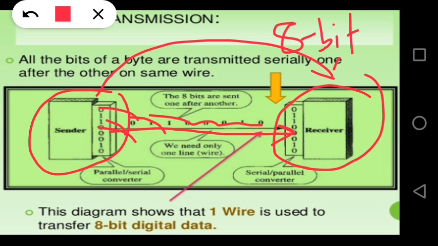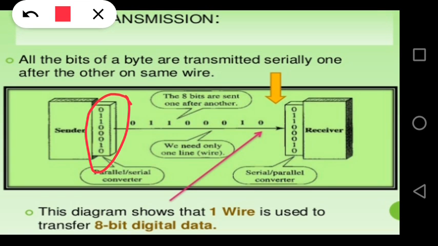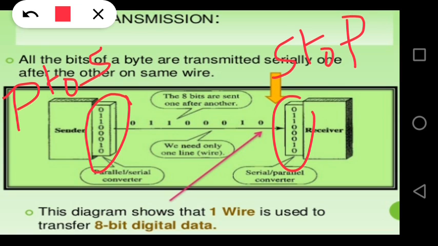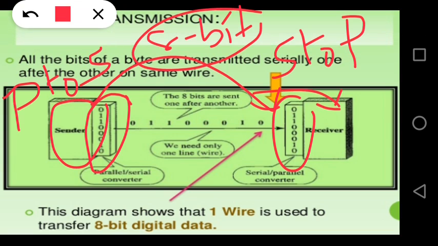But if you observe, there is a parallel to serial converter here, and this is a serial to parallel converter. This is required. Why? Because the receiver has to receive all 8 bits at a time. So the goal is, when the sender sends 8 bits of information, all these 8 bits should be received by the receiver.